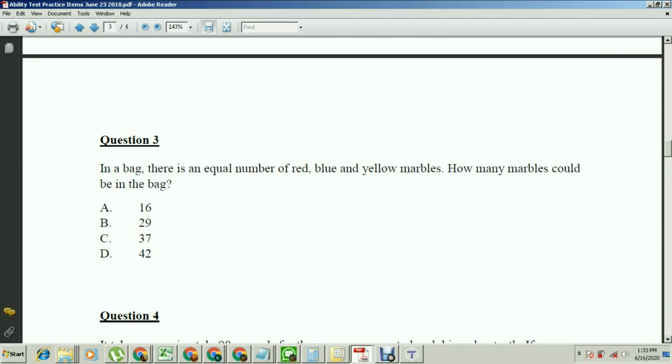So numbers like 1, 1, 1, that's divisible by 3, or 1, 2, 3, or 2, 1, 3, or 3, 1, 2, or 3, 2, 1. All of those numbers are divisible by 3.